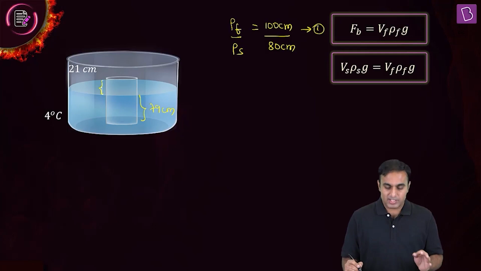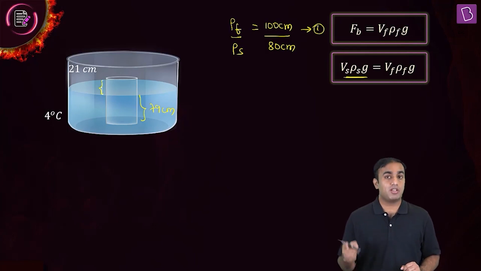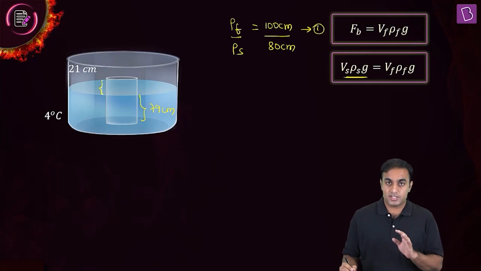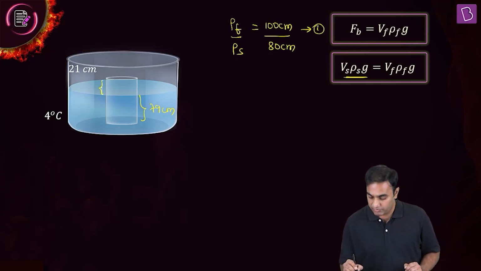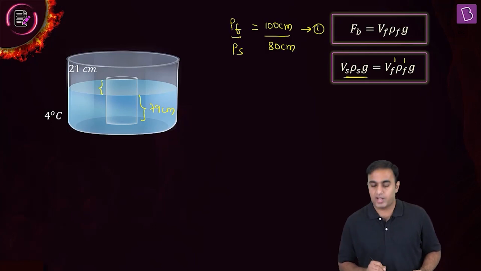Even for these circumstances, you can look at vertical equilibrium, and the net force acting along the vertical is 0. So, the weight of the cylinder is balanced by the buoyant force on the cylinder in the upward direction. But let's be careful. The volume of the cylinder inside the water is not the same. So, let's call it Vf prime. And the density of water is also not the same. It's at a temperature of 4 degrees Celsius and it has changed. Let's call the density of water at 4 degrees Celsius rho F prime.